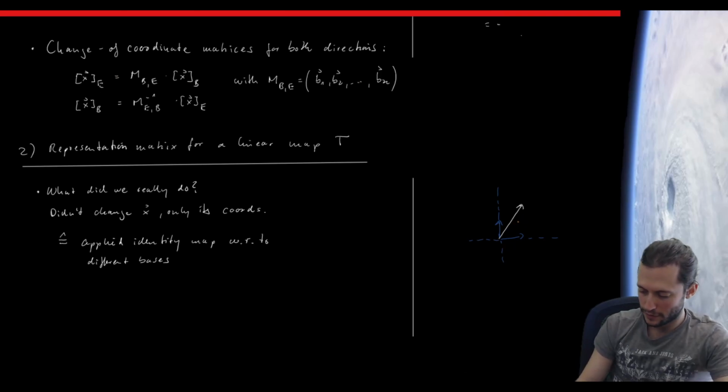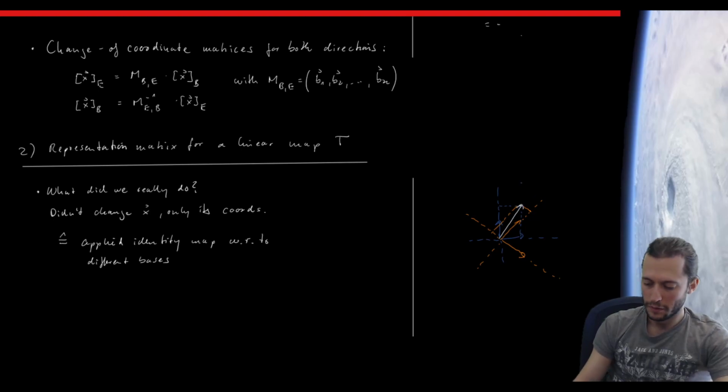And we also had these coordinates, the associated rotated coordinate system. And in the orange one, these were the two coordinates with respect to the orange bases. And in the blue one, these were the coordinates.